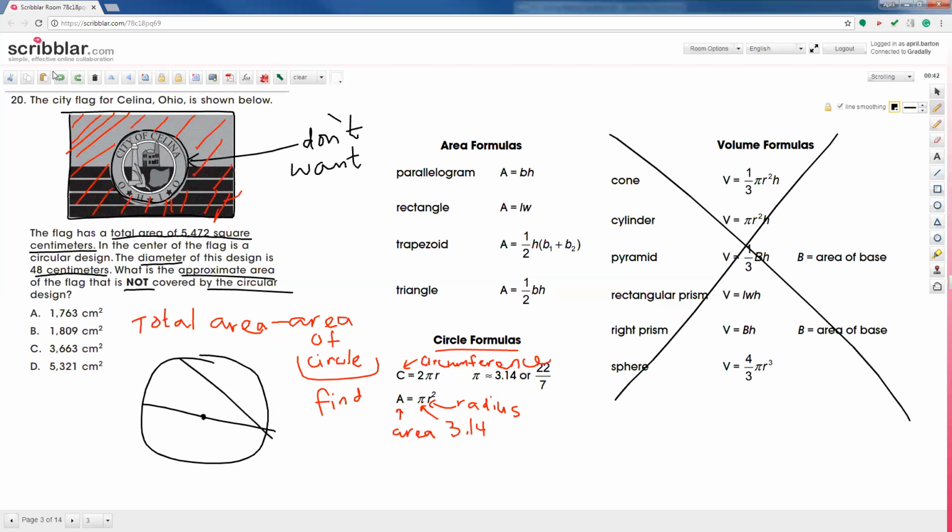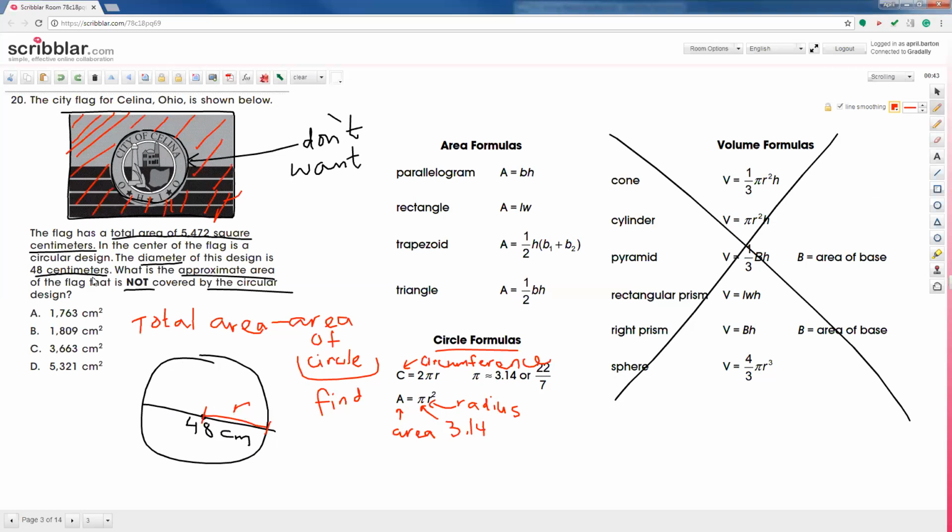It's got to go exactly through the center. And it's all the way across the circle. In this case, this is 48 centimeters. And the radius only goes halfway across the circle. It could be either side. This is a radius, or from the center to the left, that's a radius. It's just only halfway across.